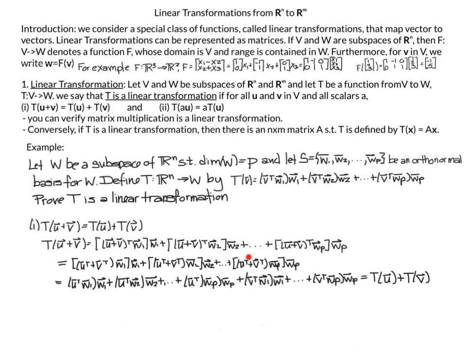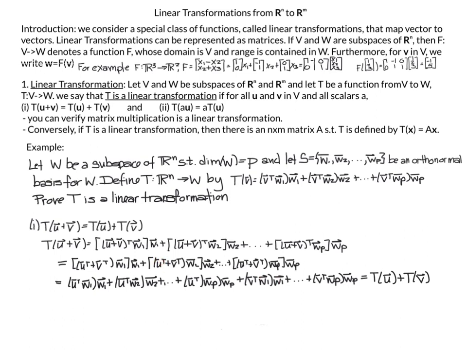So this is what I did in this step here. For my next step, I multiplied my u transpose by w1 and then the result by w1, and also my v transpose by w1 and w1, but I grouped all my u's together and then all my v's. So here's my v transpose w1, w1.